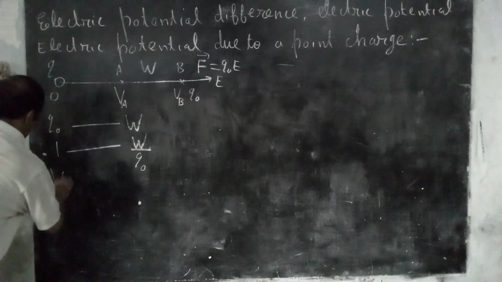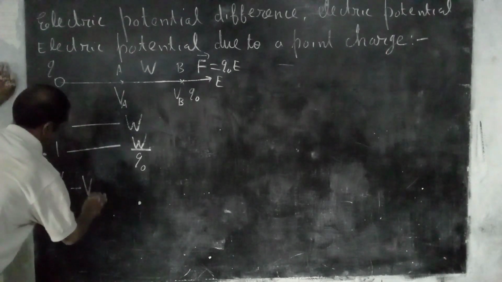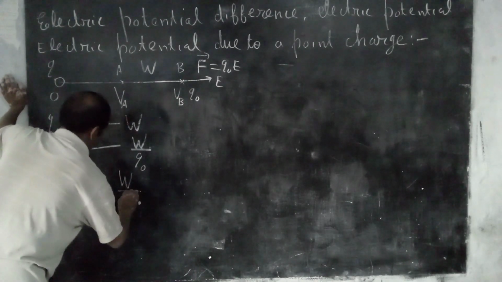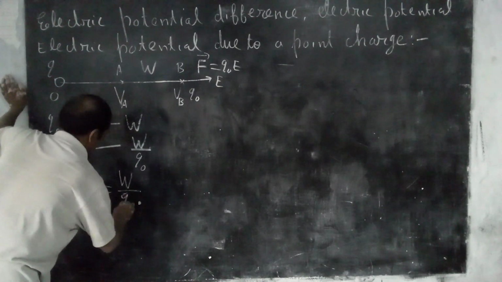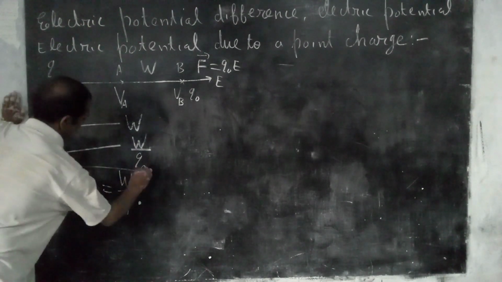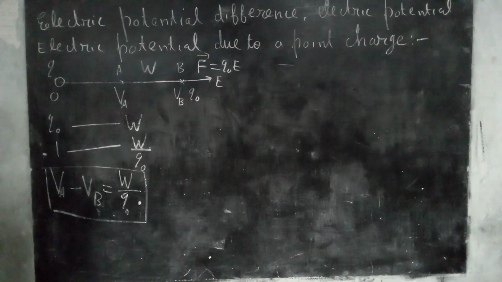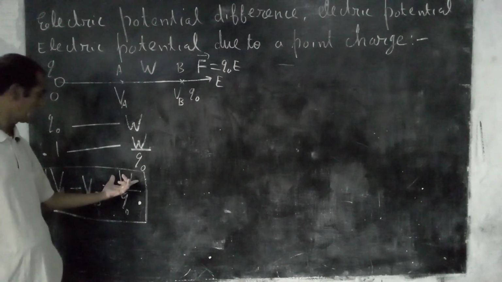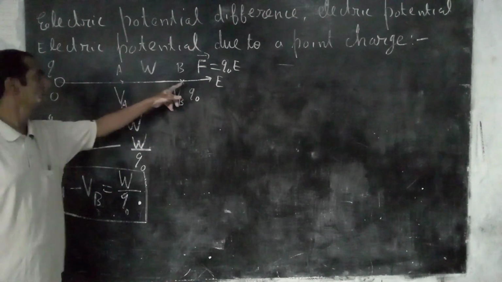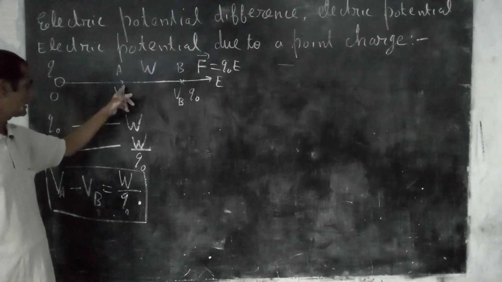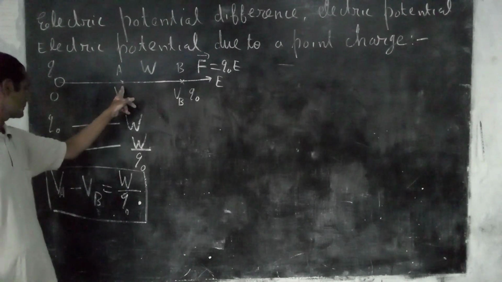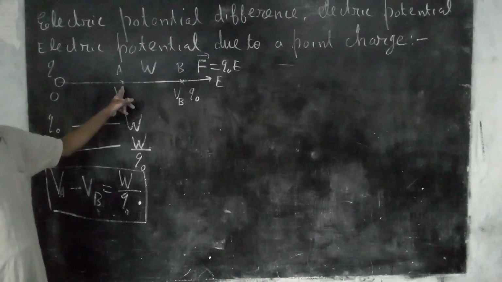Then VA minus VB is equal to W by Q0. So the amount of work required to bring a unit positive charge from one point to another point inside the electric field is known as the electric potential difference between those two points.